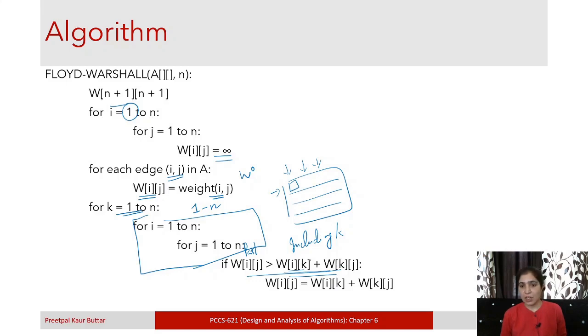If that is smaller than the value at i and j, then you will change it. Okay. So this is a simple algorithm, and let us look at the complexity.